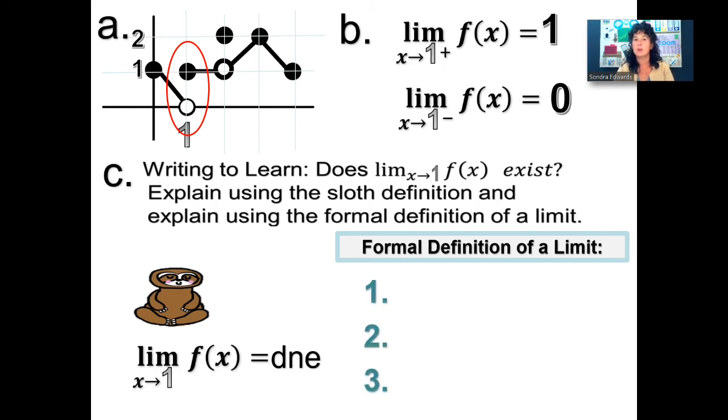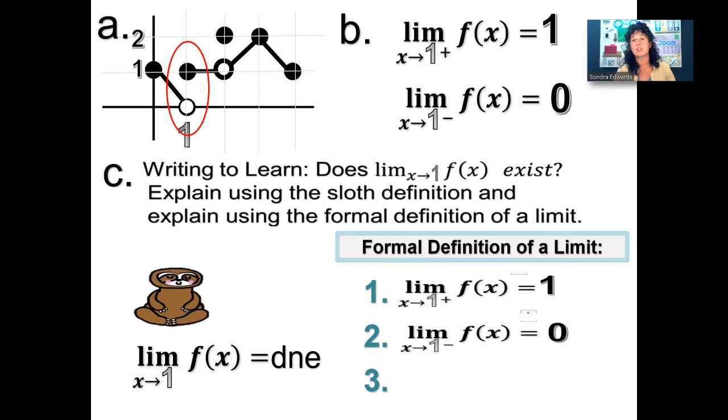All right, so step number 1 and step number 2, we already did in part B. We already found the limit as x approaches 1 from the right and from the left. Specifically, what that's doing for us in the definition is we just showed that the limit as x approaches 1 from the right exists because it has an answer, and the limit as x approaches 1 from the left exists because it has an answer.